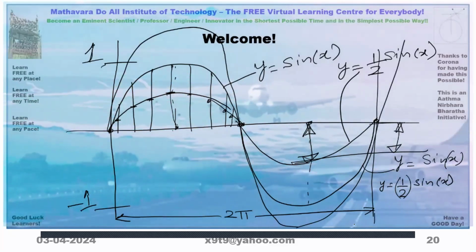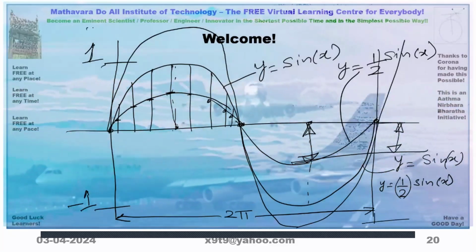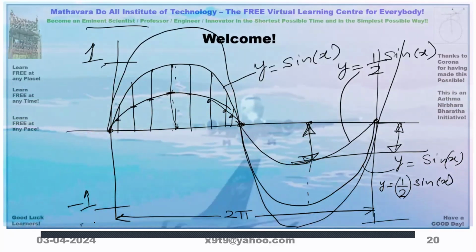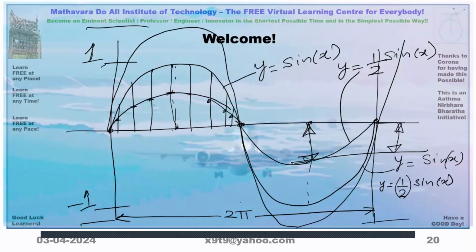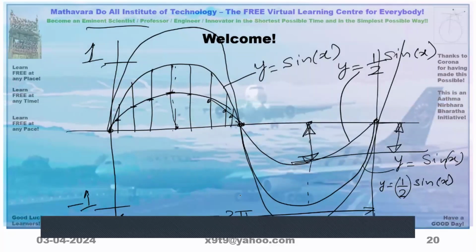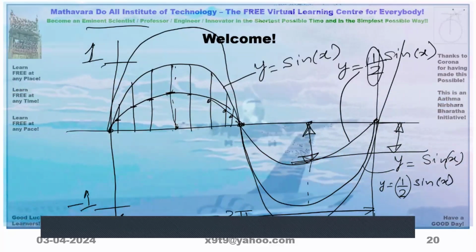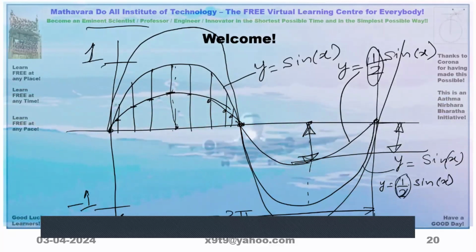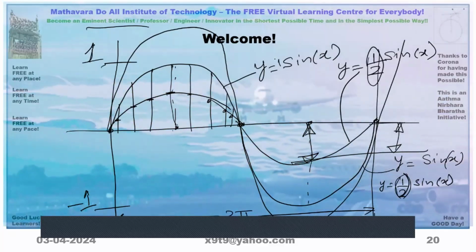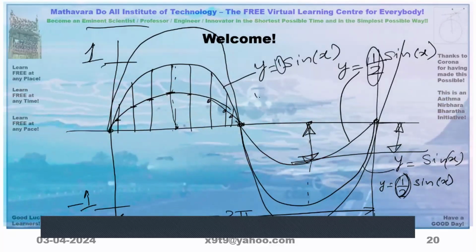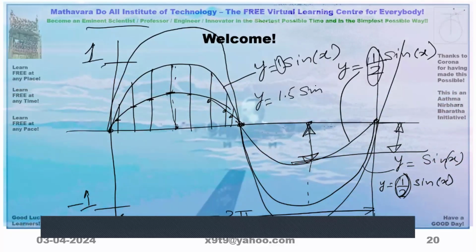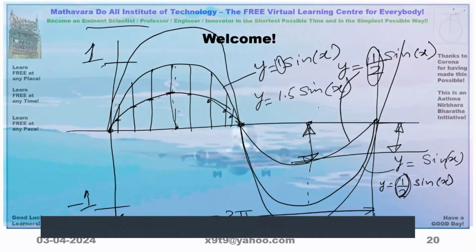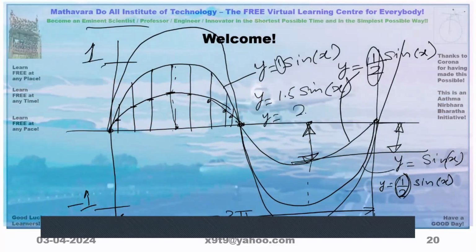So by changing this number, we write y is equal to 1.5 sin x, y is equal to 2 sin x.